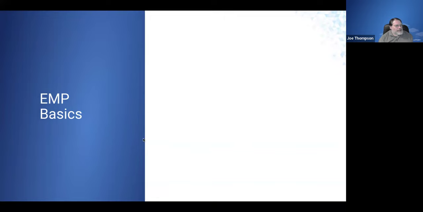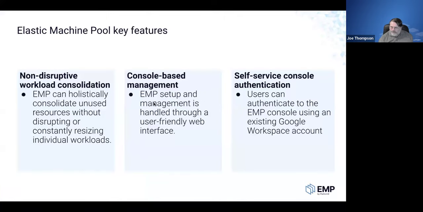So let's move on with basics of EMP. Now I gave you the three boxes for the Karpenter key features. The EMP key features are non-disruptive workload consolidation. That's the big one.